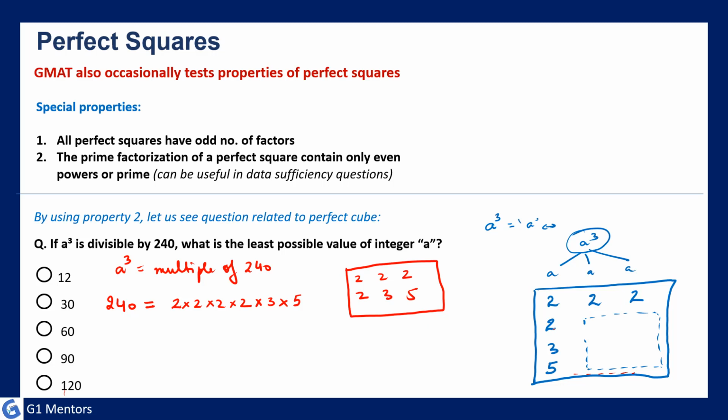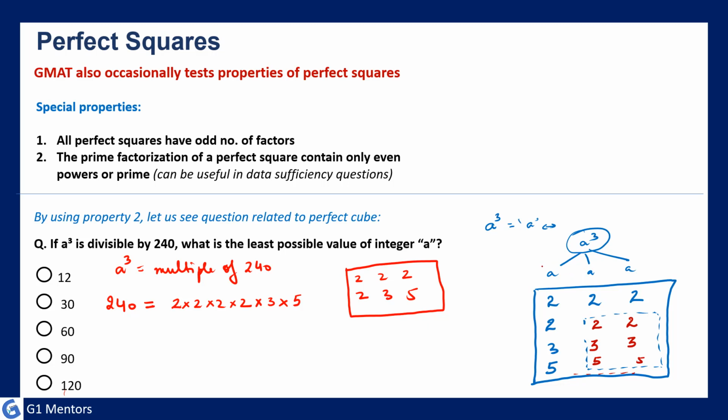That additional factor of 2 must be from a as well. Here also the 2 must be there and here also 2 must be there. Similarly, to complete the prime box of a cube, there must be 3 and 3 here, 5 and 5 here. Then only a cube will be considered a perfect cube. There might be some other factors also of a cube in this box.